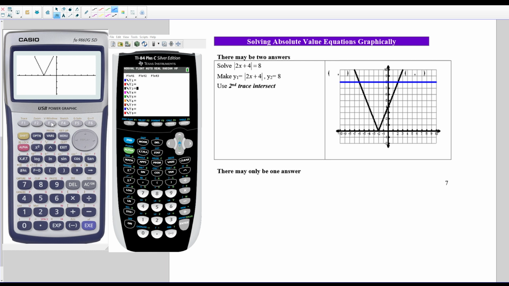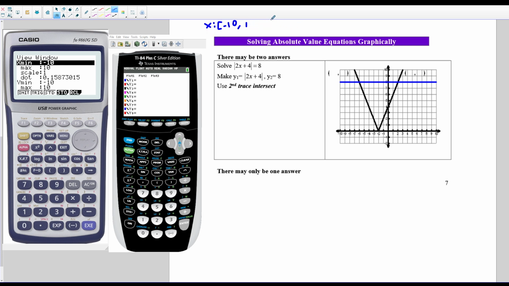So I'm going to hit F3 here for our windows, and I'm going to hit standard. That's going to change our window settings to a default. Again, if you don't remember our default or standard window settings, we are looking at our X minimum going from -10 to +10 with a scale of 1. And then for Y, it's going to be the exact same thing.